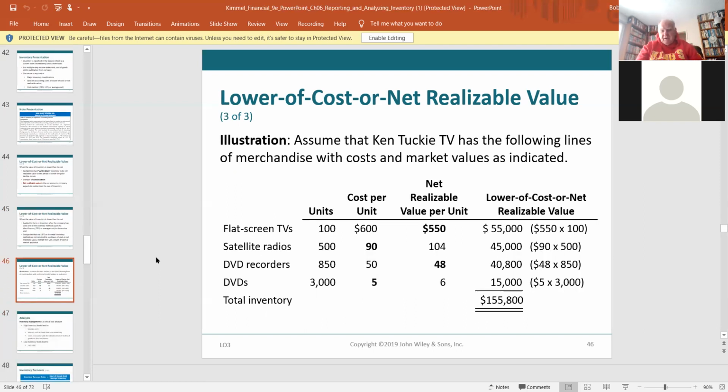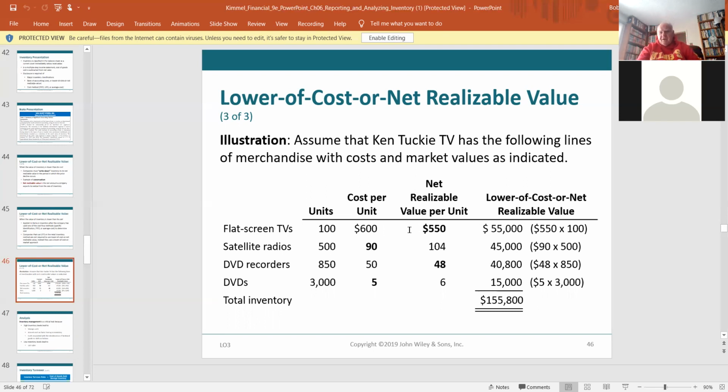Let's take a peek here at the concept. Kentucky TV has the following lines of merchandise with cost and market value. Okay, let's start with flat screen TVs. We have to come up with the inventory value for each of these 4 items. Well, the units are 100 and we paid 600 a piece. What's the market value now? It's only 550.